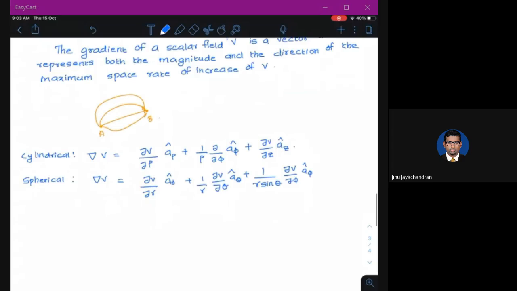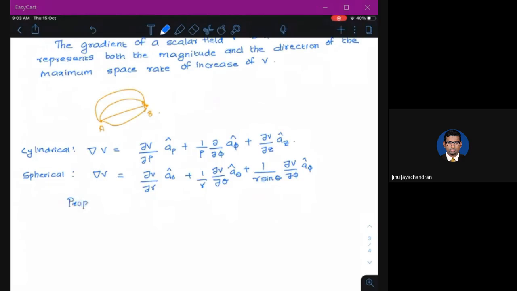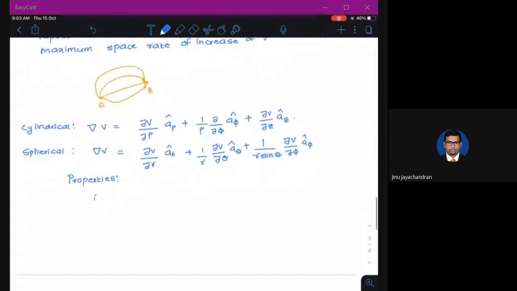Similarly, there are some properties for the gradient. The first property: del of (v plus u) is equal to del v plus del u. Second property: del of (v times u) is equal to v del u plus u del v.